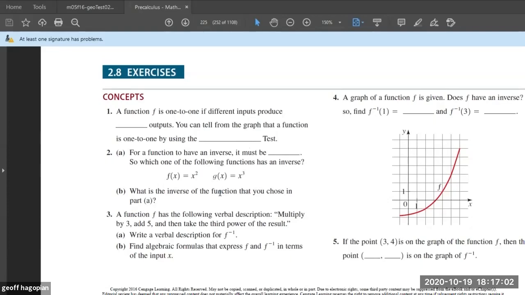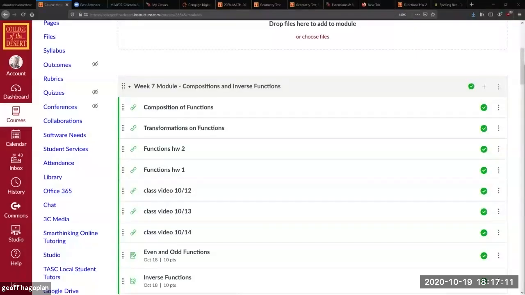Do odd functions necessarily have an inverse? Well, let's answer that question. So I'm posing the question.